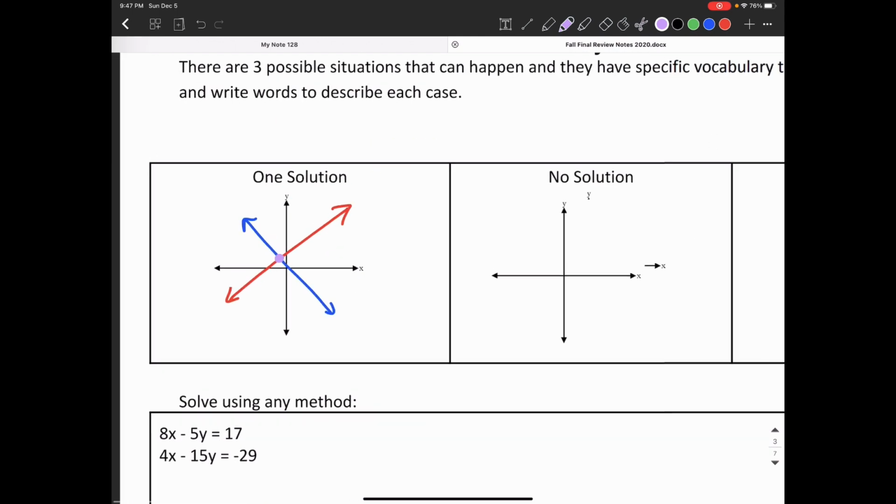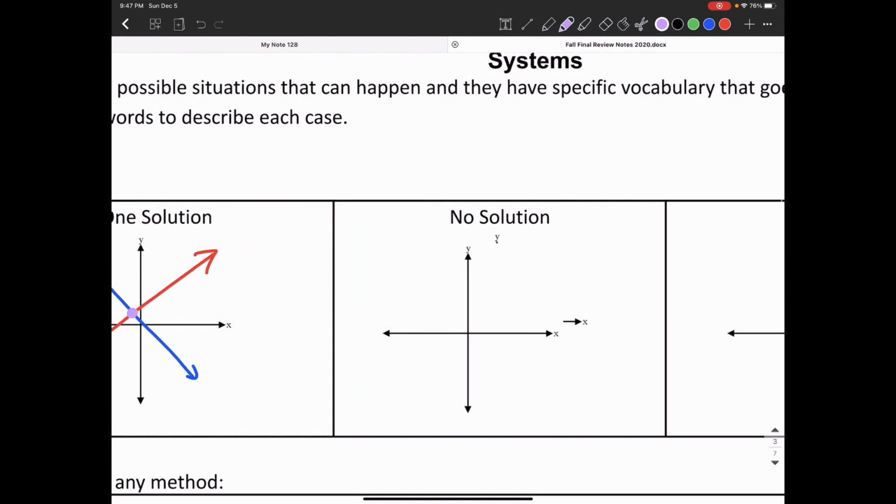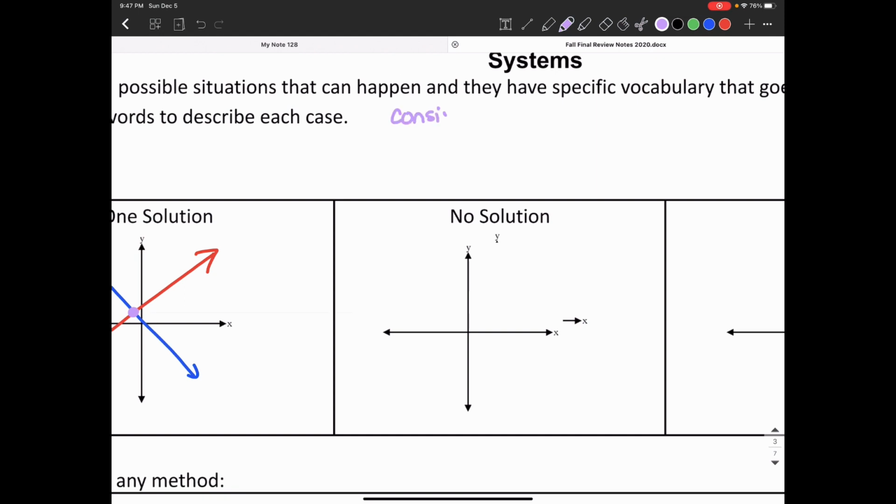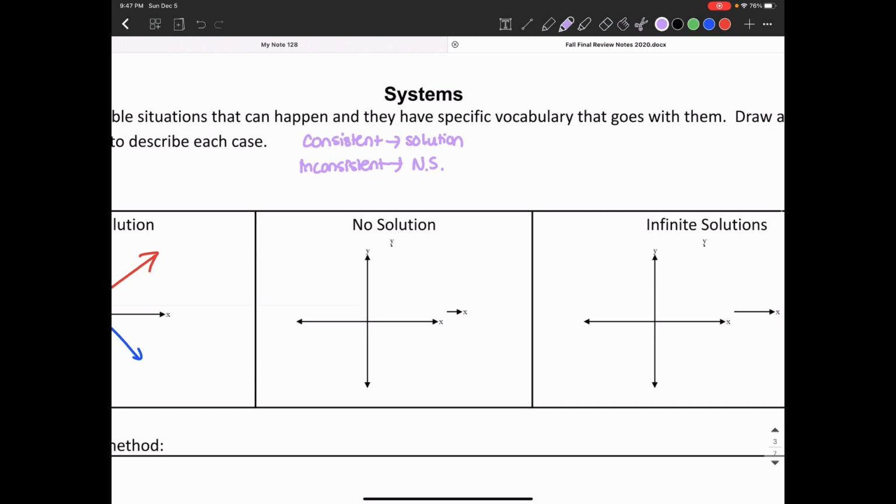I should go over the vocabulary. Consistent means there's a solution, and inconsistent means that there is no solution. If something has a solution, you also have to talk about if it's independent or dependent.